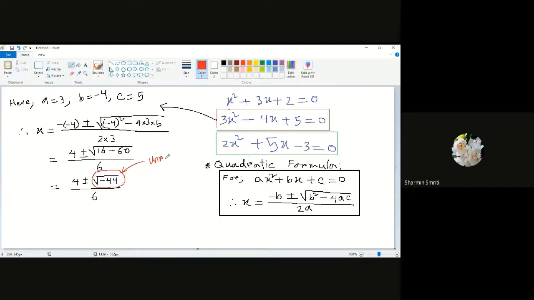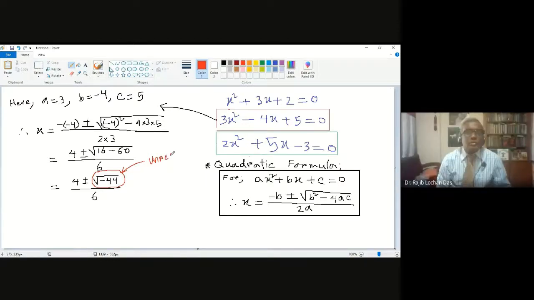Yes, sir. So how can you forget this? So it is an unreal number. It is not possible to find out from a calculator or computer. You cannot find this value because it is unreal.